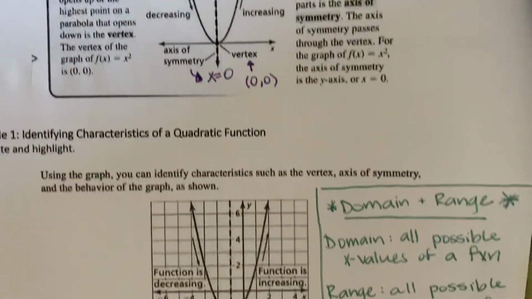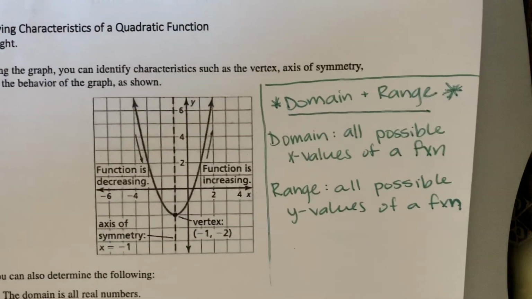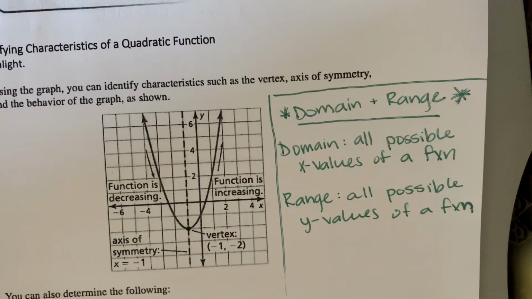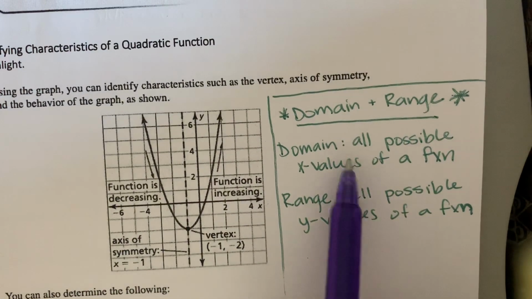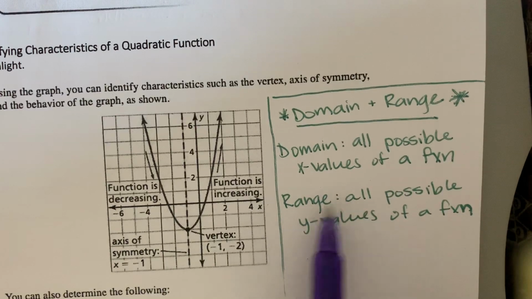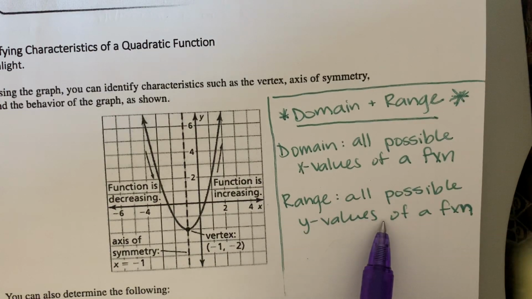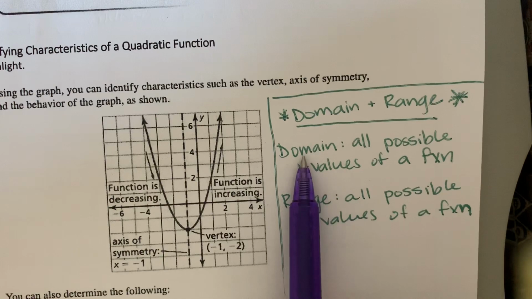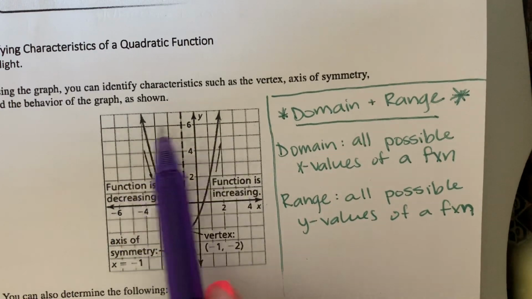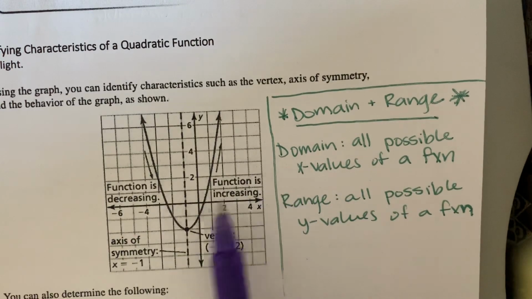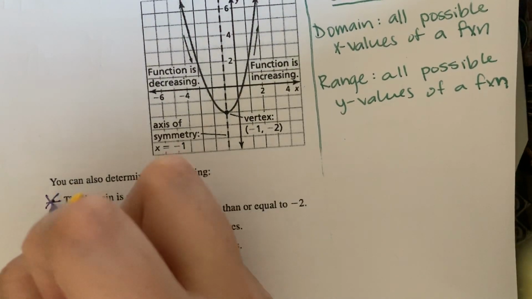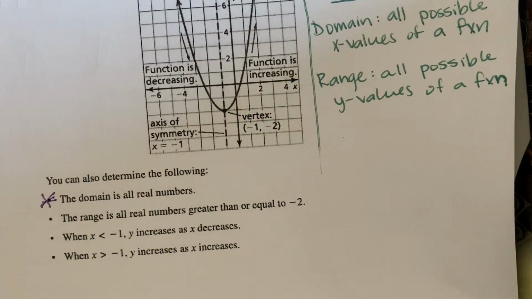Okay, then there is the domain and range, which we so barely talked about in semester 1. Domain is all possible x values of a function, and the range is all possible y values of a function. So, domain for parabolas with arrows on the end is always going to be, as it says right here, all real numbers.